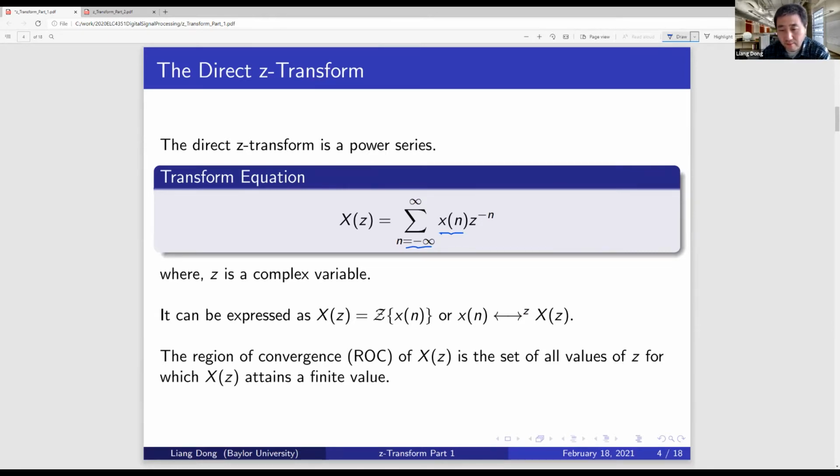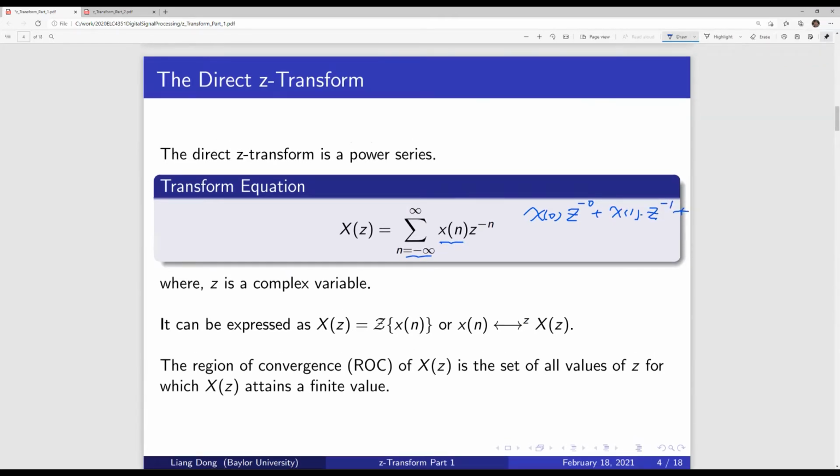So I pick up every time domain sample multiplied by a power series: x0 times z to the power -0, plus x1 times z to the power -1, plus x2 times z to the power -2, and so on and so forth.